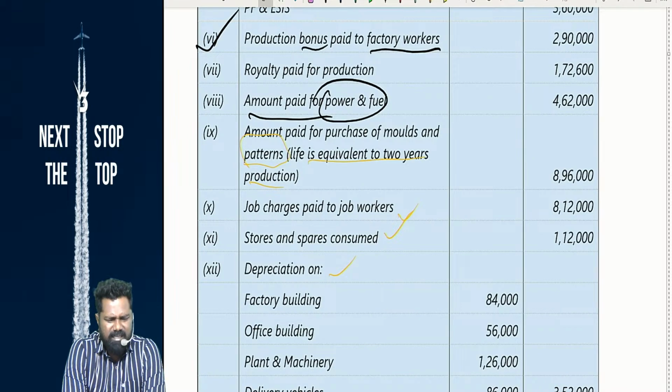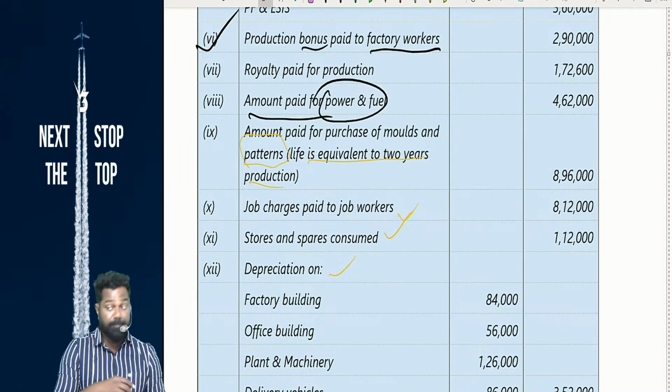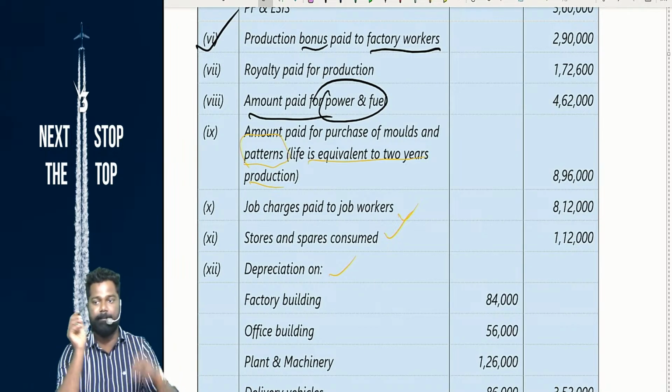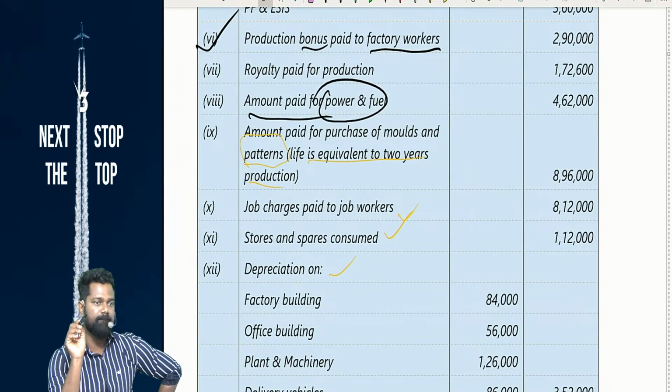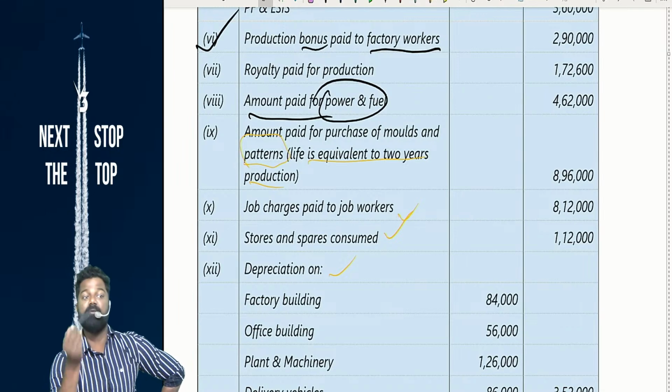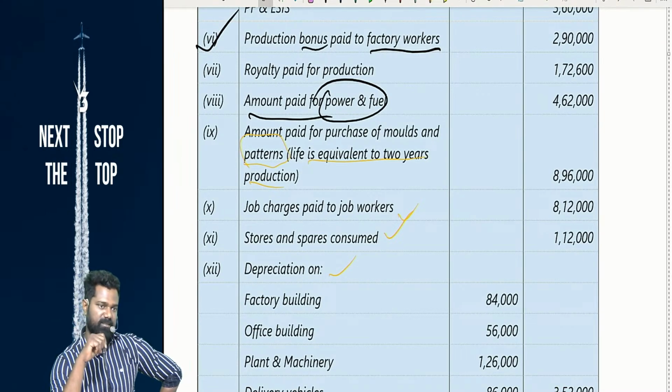If you look at this, it should generally come under factory overheads. But if it is molds and jigs purchased for a specific item, then it would come under direct expenses. Is everyone understanding?